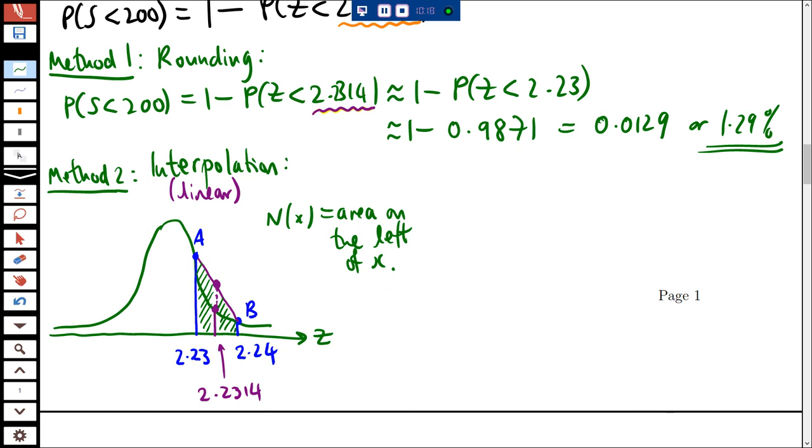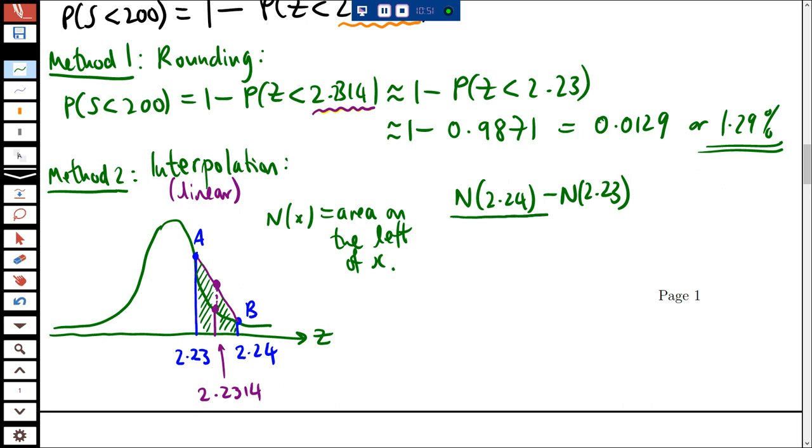The most important is the rate of change of area. So if we look between A and B, the change in the area is this. So the N of 2.24 is the area on the left of B, and the N of 2.23 is the area on the left of A, the line coming down from those points. So if we subtract them, we get that shaded area.